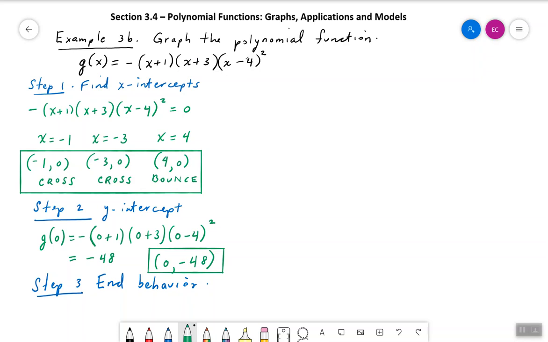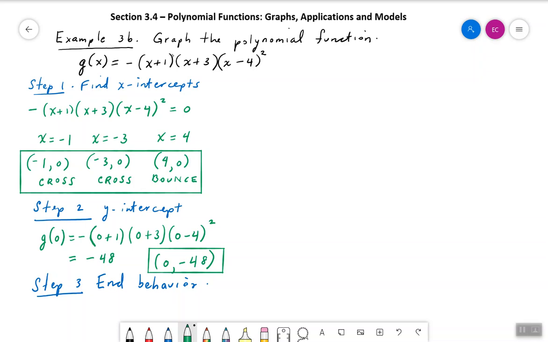If we want the leading term, then we need to have standard form. So we need to multiply all these factors out to get standard form. But we don't really have to do all of that because all we need is the first term out of standard form. So if we just multiply the highest power of x from each factor, then we should be fine.